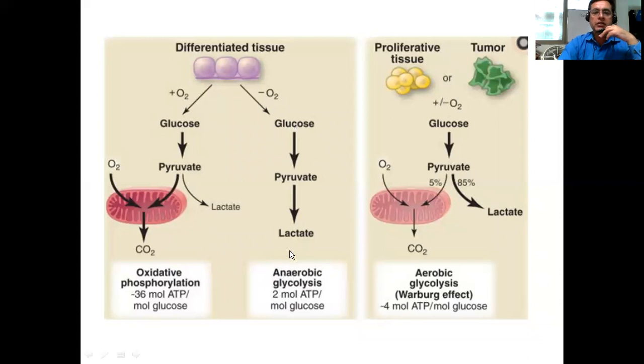So this is far less energy output. If you see here, just 2 molecules of ATP is compared to oxidative phosphorylation, which gives you 36 molecules per glucose molecule.